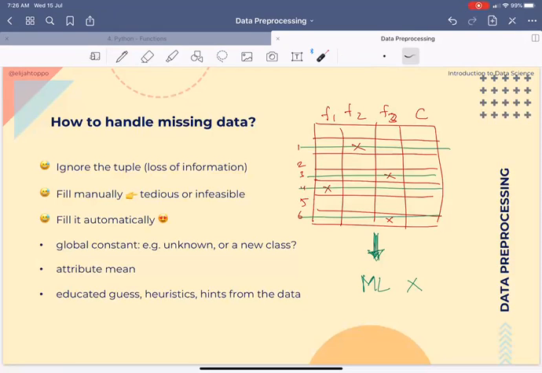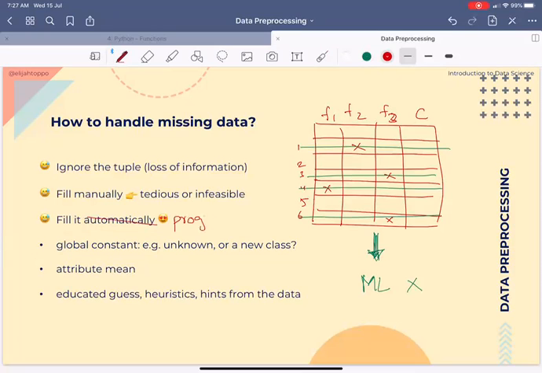Another, and the best solution that I have seen so far, depending on the case and on how most data scientists work, is that we fill it automatically. We'll try to fill our missing values automatically. But when we say automatically, we have to provide some rules. Maybe automatically is not the right word; the right word would be programmatically.